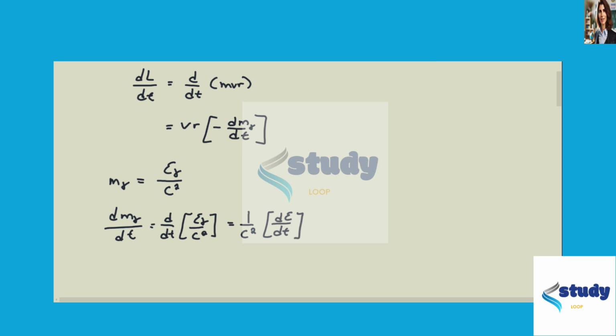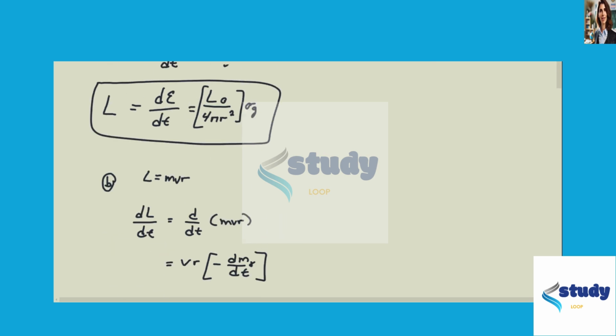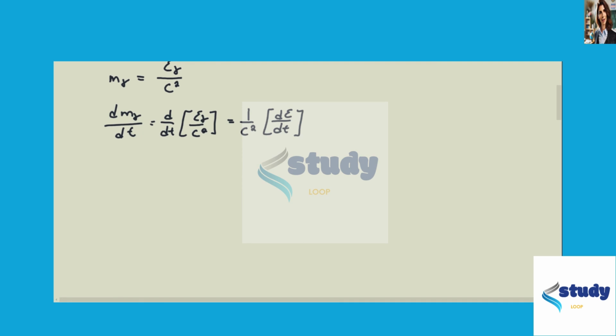We already solved for dE/dt over here, so we're just going to plug this in. So we have dm of the photon/dt equals 1 over c squared times the luminosity of the sun over 4 pi r squared, times the grain cross-section omega g.